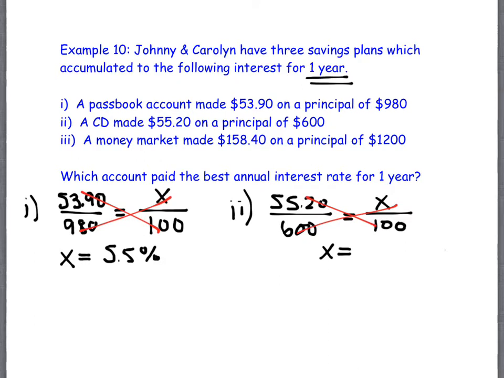So 55.20 times 100, and then divide by 600, right? What's that one give me? 9.2%. That's better, isn't it? You betcha.